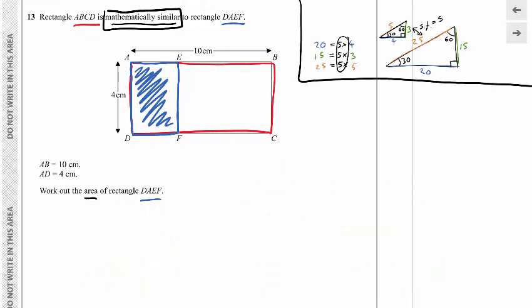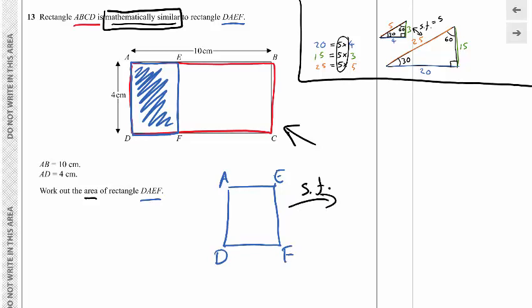So if you have a look back up at my question then, all this means, if these two rectangles are mathematically similar, is that if I multiply my baby rectangle, AEFD, by some scale factor, I should get my big rectangle.